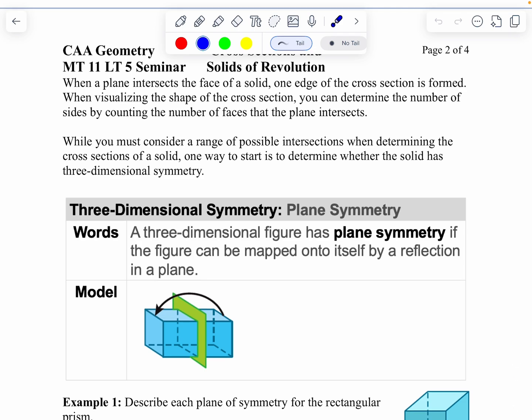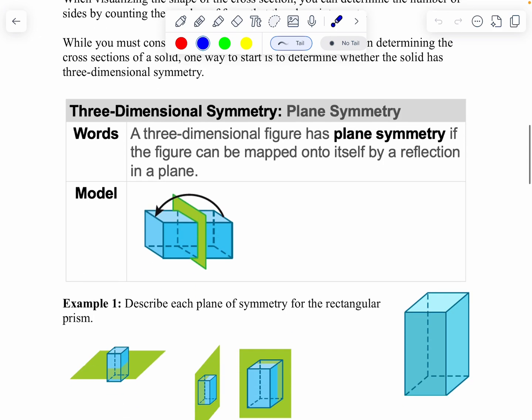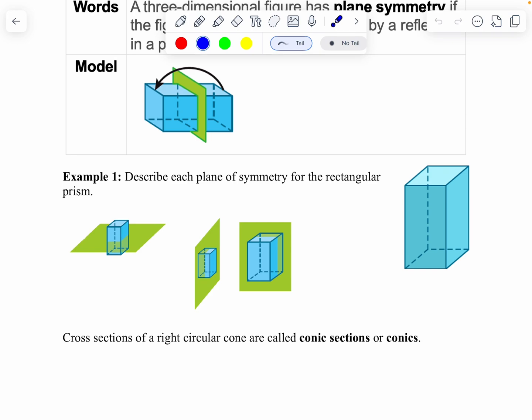And then we have symmetry with a plane. That is, I would just slice through that and notice it would match up with everything. So you have plane symmetry. So if I take a look at example 1 here, I've got this rectangular prism, and then if I slice it parallel to the bases, I could get one type of symmetry, because it would be the same.